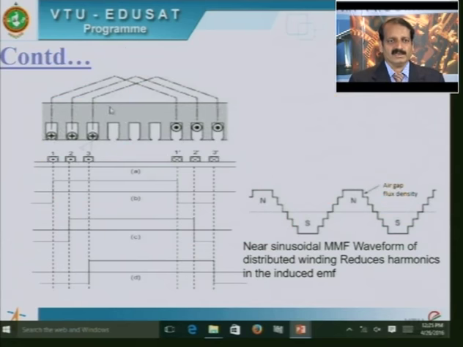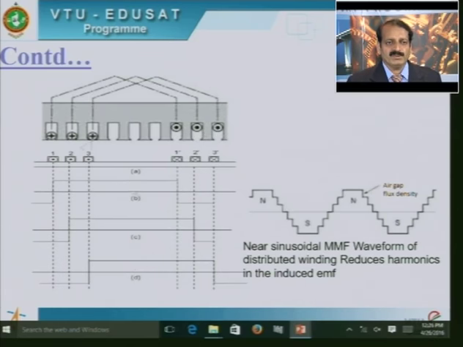So, let us compare the distributed coils, distributed in 3 consecutive slots. When you compare the MMF distribution, the one due to the first coil is shown in case A, in case B it is due to the second coil, and in case C it is due to the third coil.